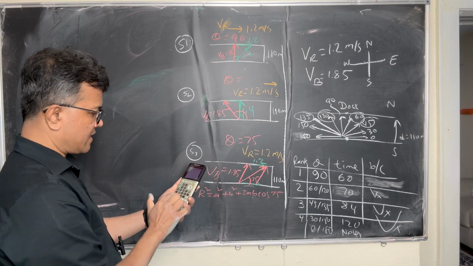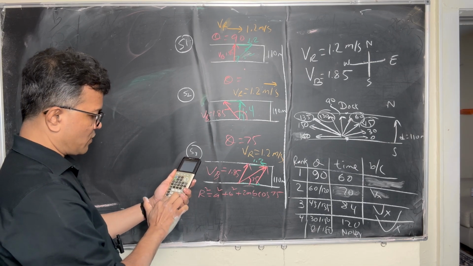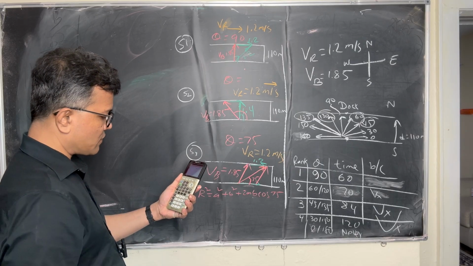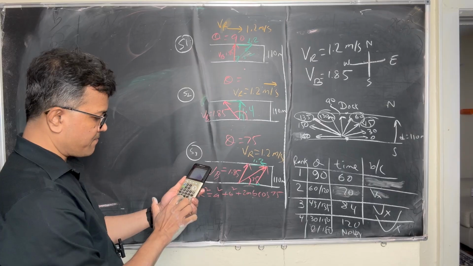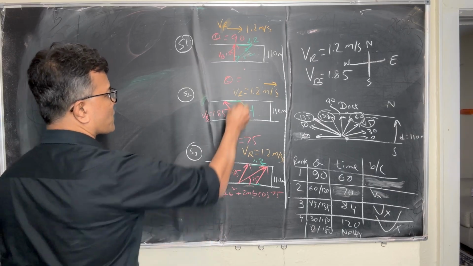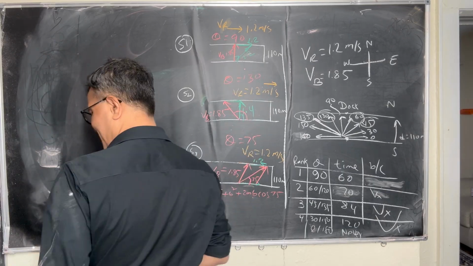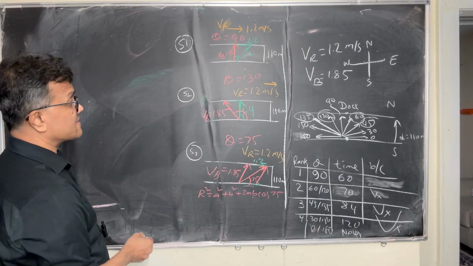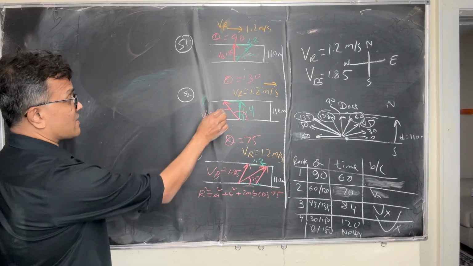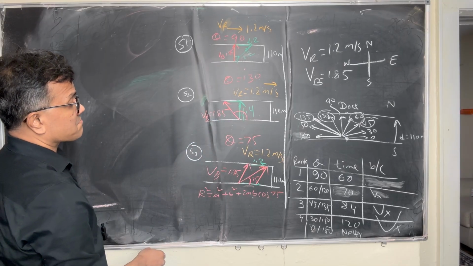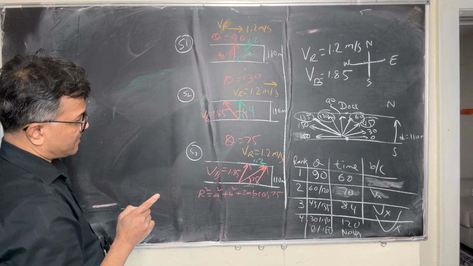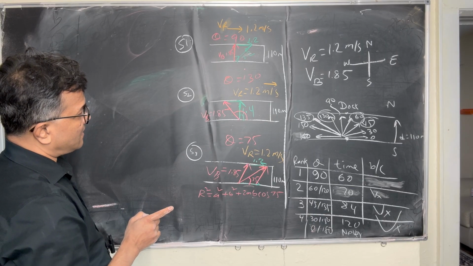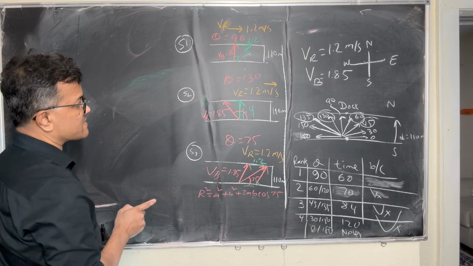Sine is opposite 1.2 divided by 1.85, and that is 40, plus 90, 130. So now let's rank it. This one is going to take forever. Let me see which one has the bigger Vx.